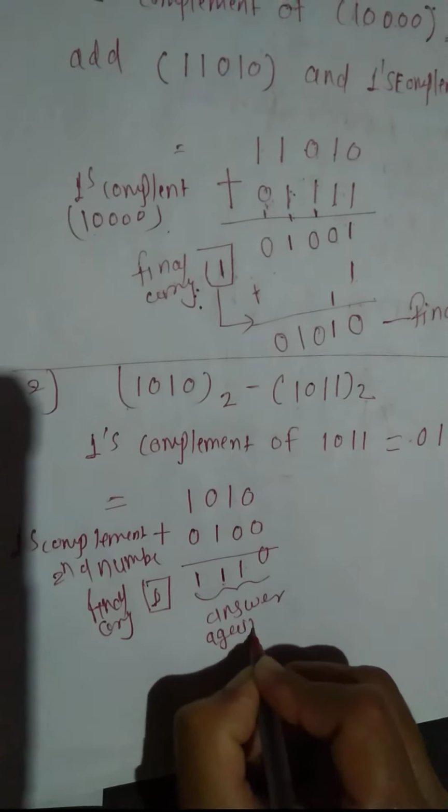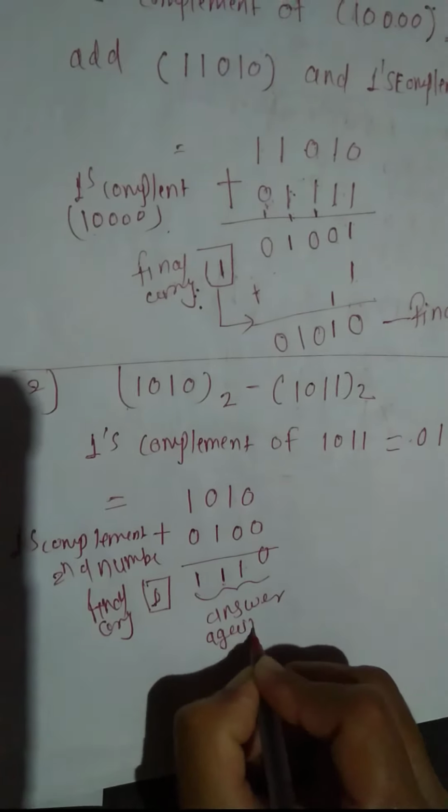For that answer 110, the 1's complement is 0001. This is the final answer. In that first problem, if the carry is 1, then the answer is positive, and that final carry is added into the answer.